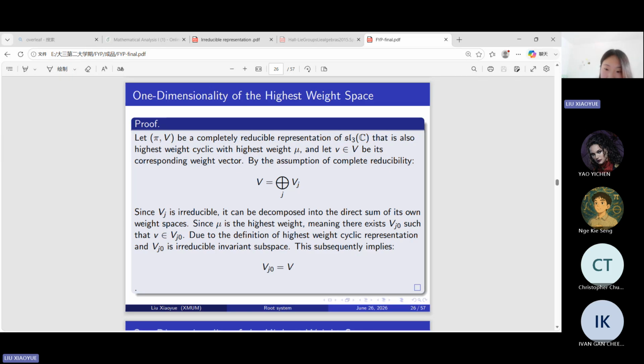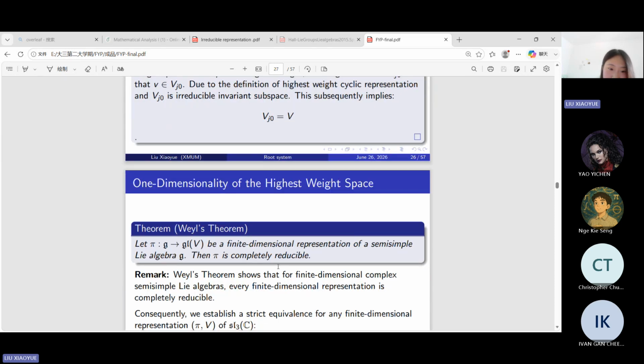Since mu is the highest weight, there must exist a j0 such that v is in Vj0. Due to the definition of highest weight cyclic representation, and since Vj0 is an irreducible invariant subspace, we know that Vj0 must equal V.